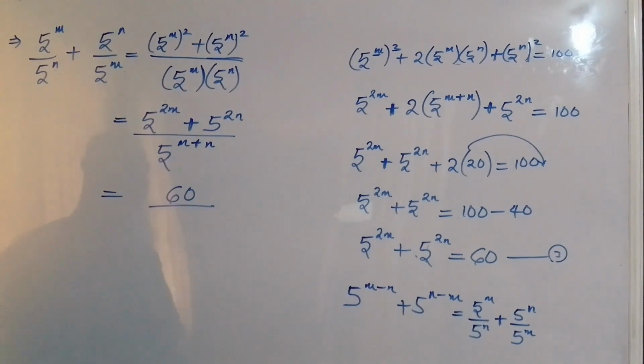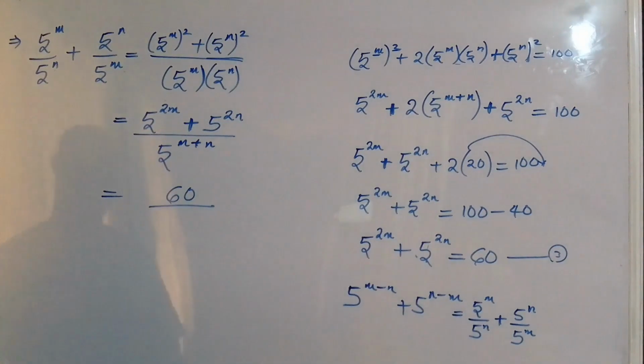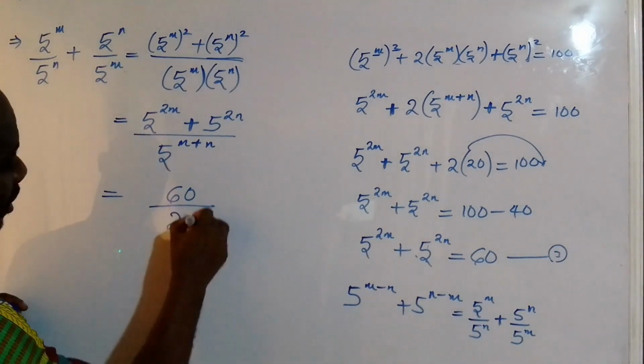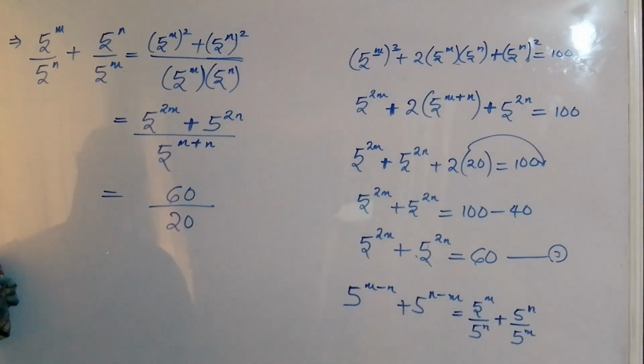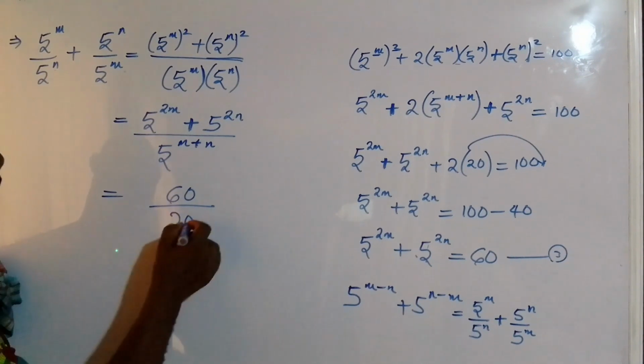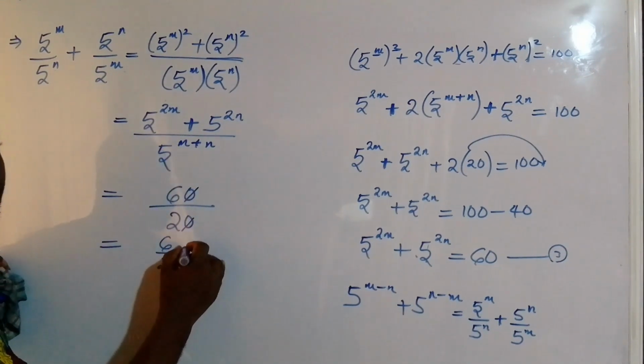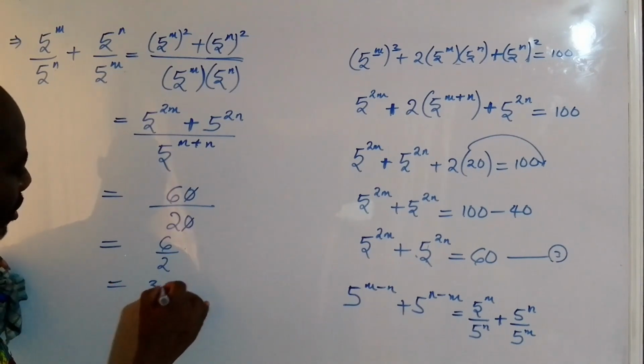And then 5 to the power of m plus n, which is our original equation 1, has the value 20 in this case. So what does that give us? Once this is divided, we have 60 over 20, which is 6 over 2, and that will give us 3.